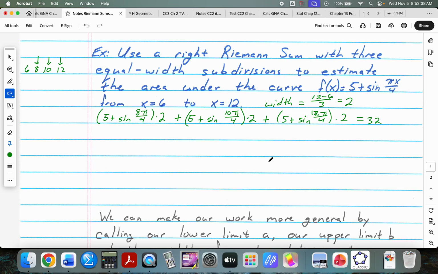So if we wanted the actual area under the curve from 6 to 12, since this is always positive, we simply need to take the integral. The actual area would be the integral from 6 to 12 of 5 plus sine of pi x over 4, all times dx.